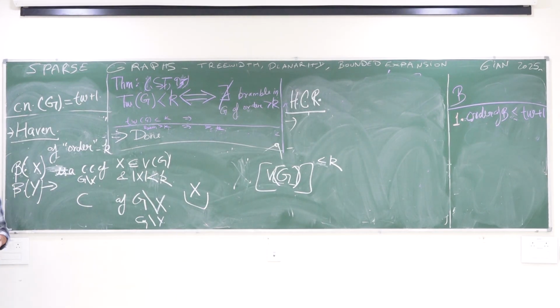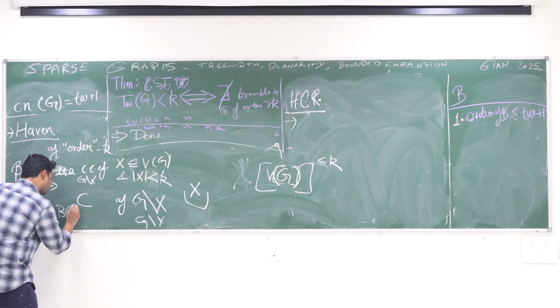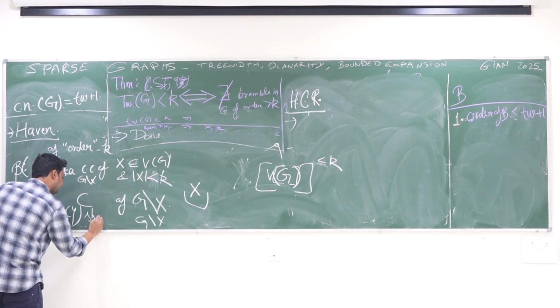Now you have an additional property to call it a haven: beta x and beta y should touch.